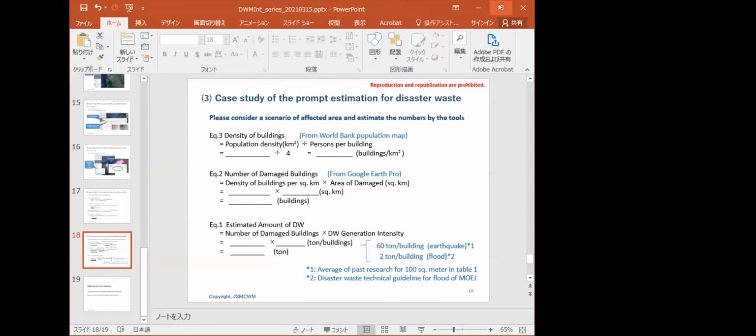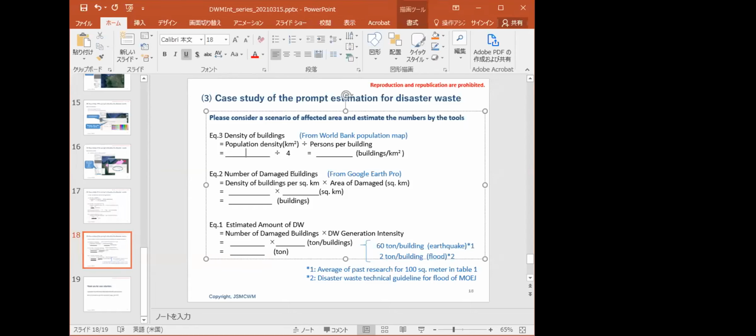So, by supporting of two volunteers, we can know the population density in your town. For example, maybe in Rima-san's case 100 per square kilometer, and maybe 25.